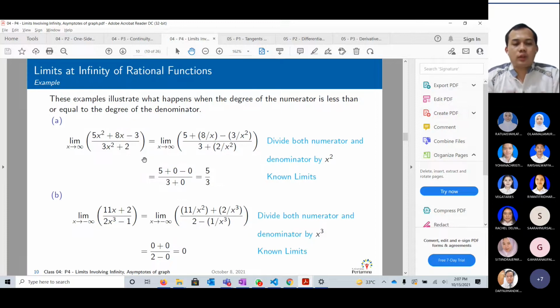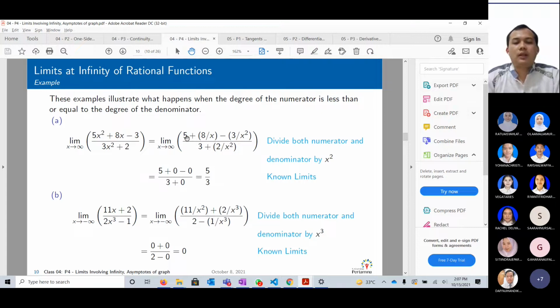Okay, so what should we do if we find this case? What we need to do is to divide both numerator and denominator by the highest order of the variable x in this case. Jadi di kasus ini kita bagi dengan pangkat tertinggi.